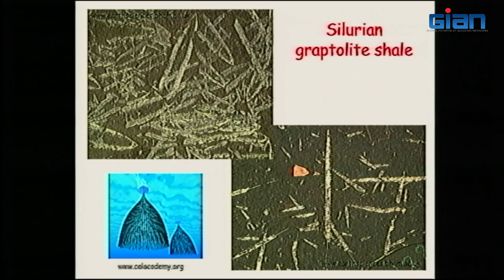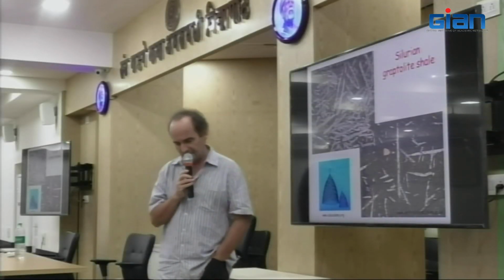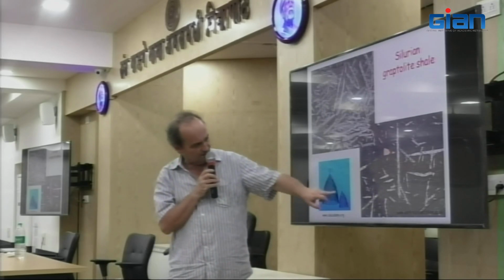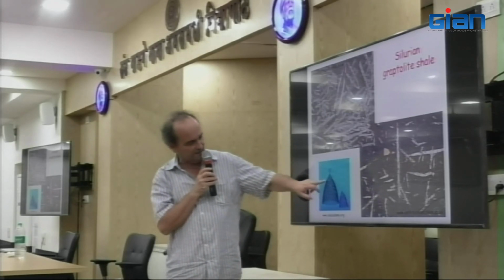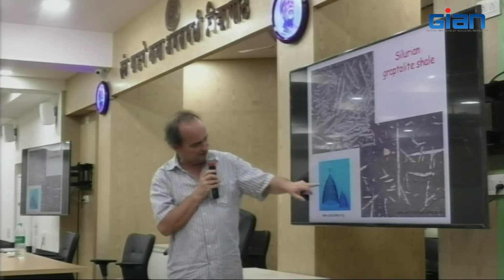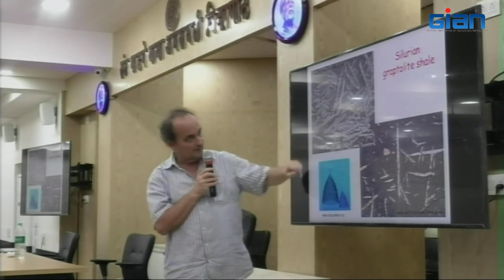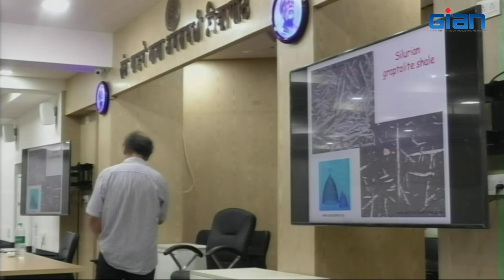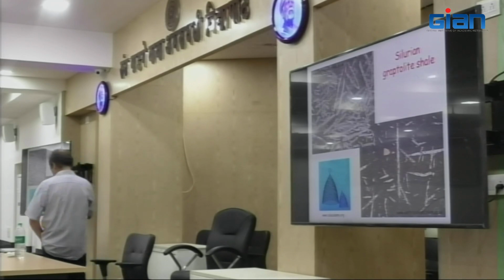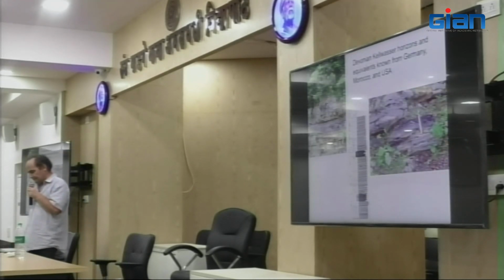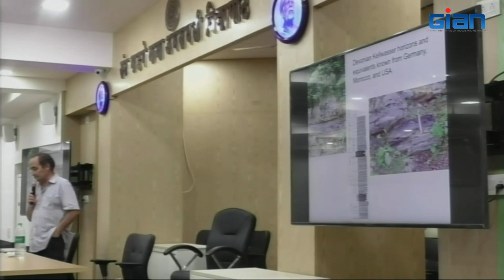It seems to be maybe an ancestor of a hemichordate, we don't know. But they were floating in the water, and in the rocks, what you see is this kind of segment like that. The Silurian graptolite black shales were producing quite some oil.